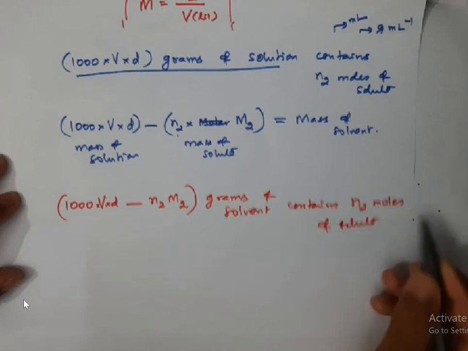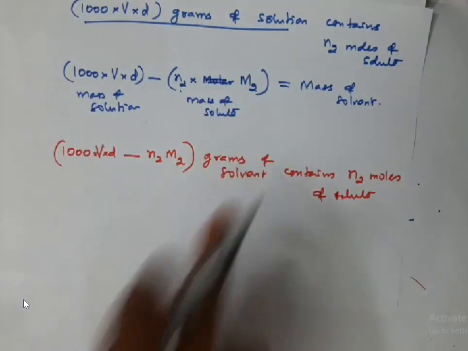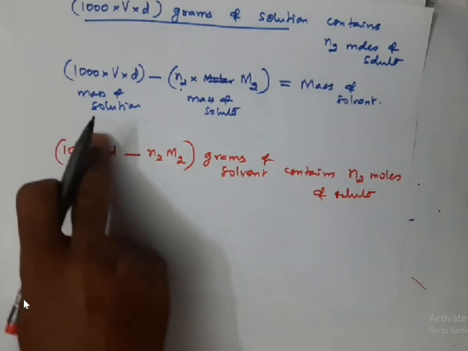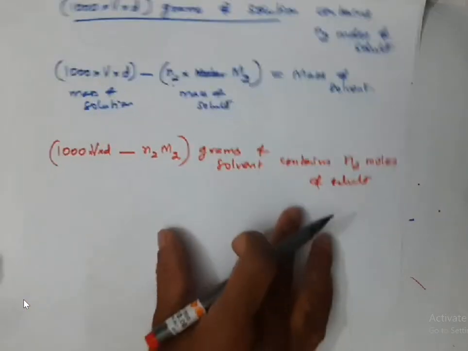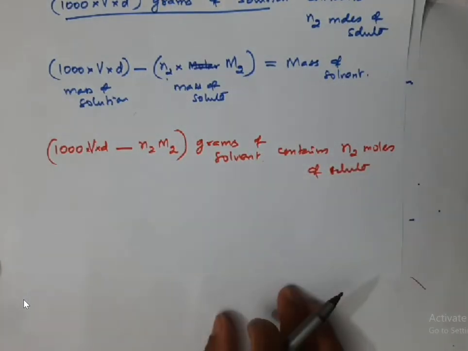I have just converted solution into solvent now. I subtracted the mass of solute from the mass of solution, so you will get the mass of solvent. So this much grams of solvent contains N2 moles of solute.